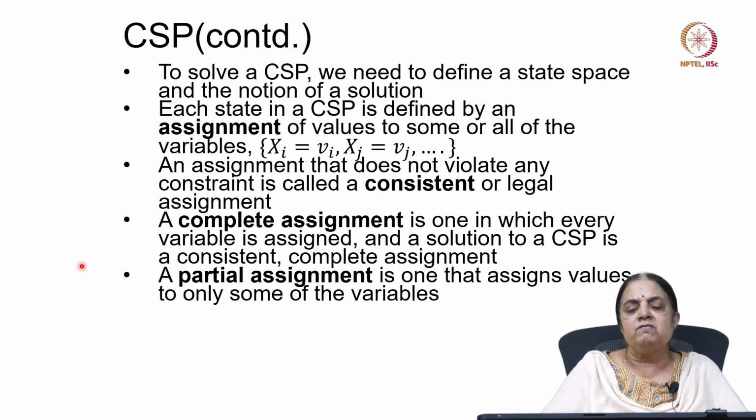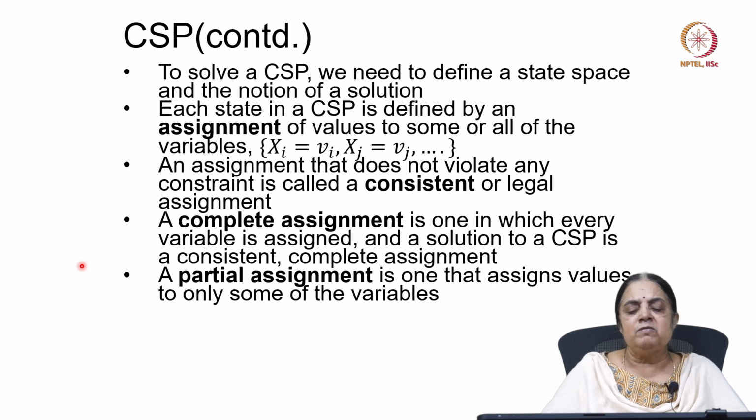As soon as it violates a constraint, it is inconsistent, not a legal assignment. If it does not violate any constraint, it is a legal assignment. Once you find a legal assignment to all the variables, your job is done, and you get a complete assignment.